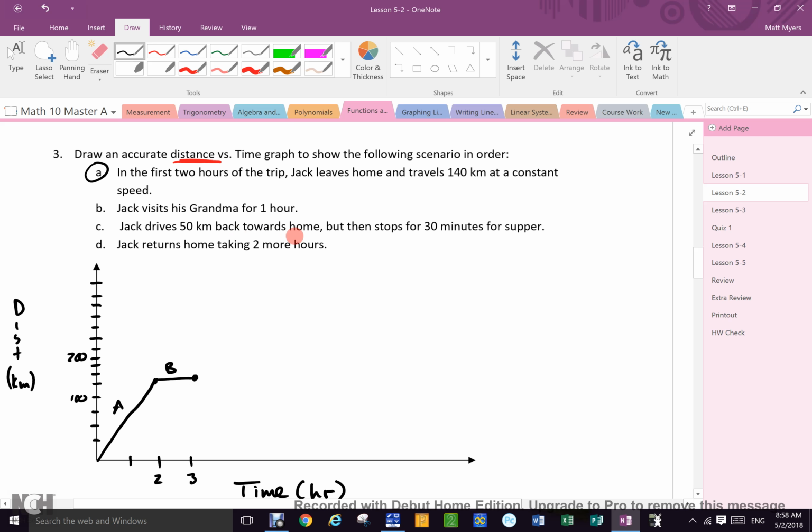He drives 50 kilometers towards home, but then stops 30 minutes for supper. Does it give us anything about how fast he drives this? So we can choose that, can't we? The only thing we have to cover is we have to go from 140 up to 190 in some amount of time. What would be an appropriate amount of time, do you think?